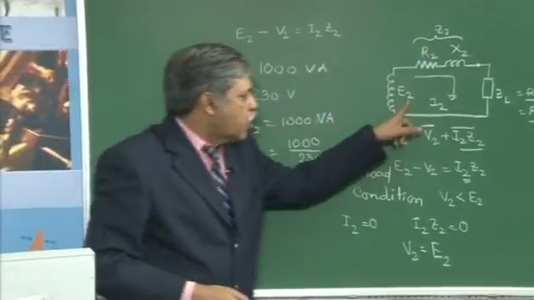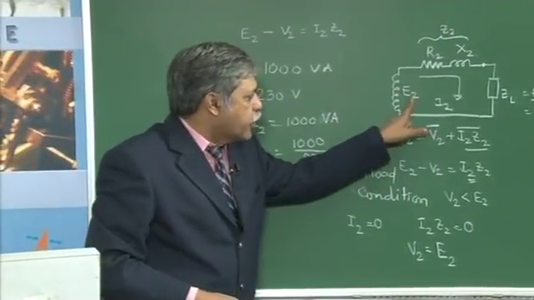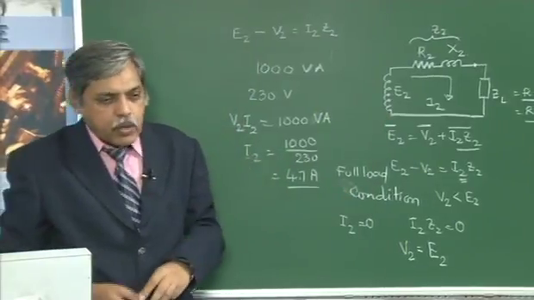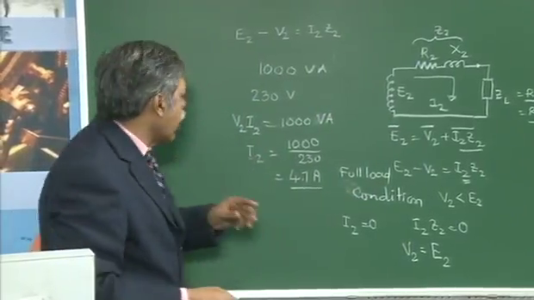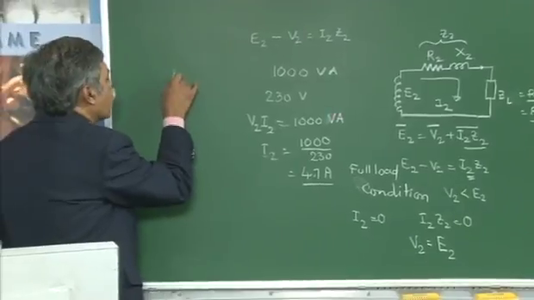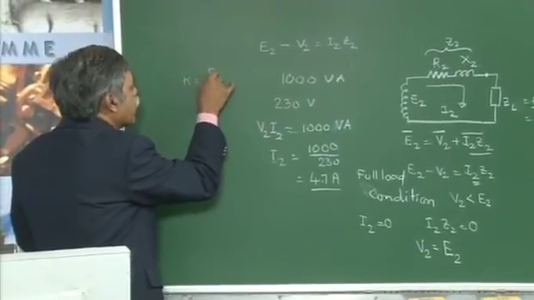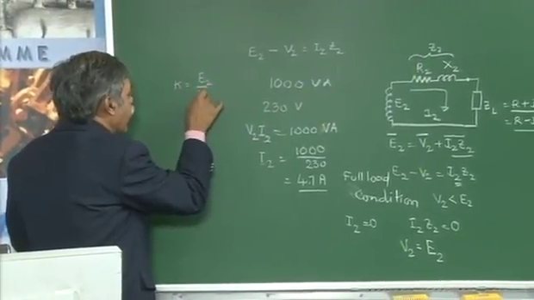Now, the induced voltage in the secondary winding, E2, depends on the primary voltage. We saw while deriving the transformation ratio that K equals E2 divided by E1.